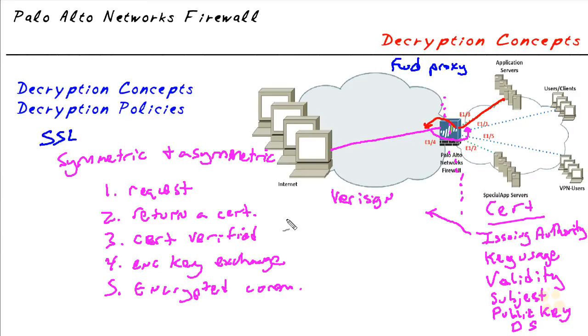Actually, a good number of them are technically owned by VeriSign, so I'm not sure whether that counts or not. But there are more and more coming out. You can also set up your own certificate authority. Unless you're a really large organization, you're probably not going to bother with that sort of thing. But, for example, most governments have their own certificate authority and their own certificate authority structure.